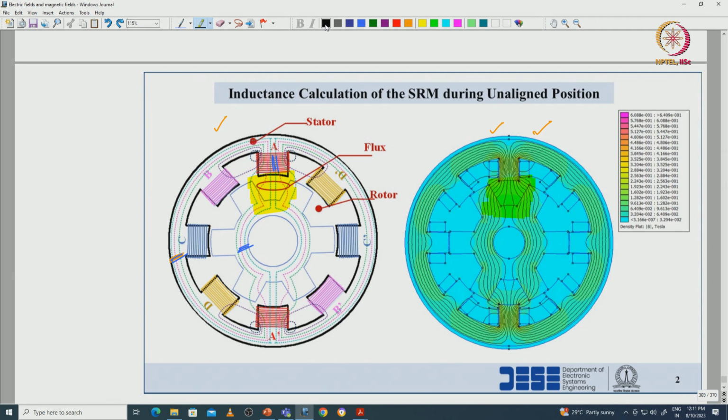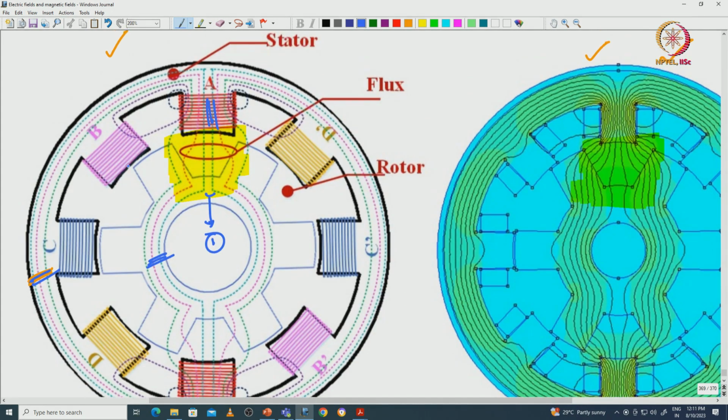Let us say this green color one is region 1, this pink color one you can consider as region 2, the green color one as region 3, and this one as region 4, the lines which are flowing in this manner, and the leakage fluxes we can consider as region 5.